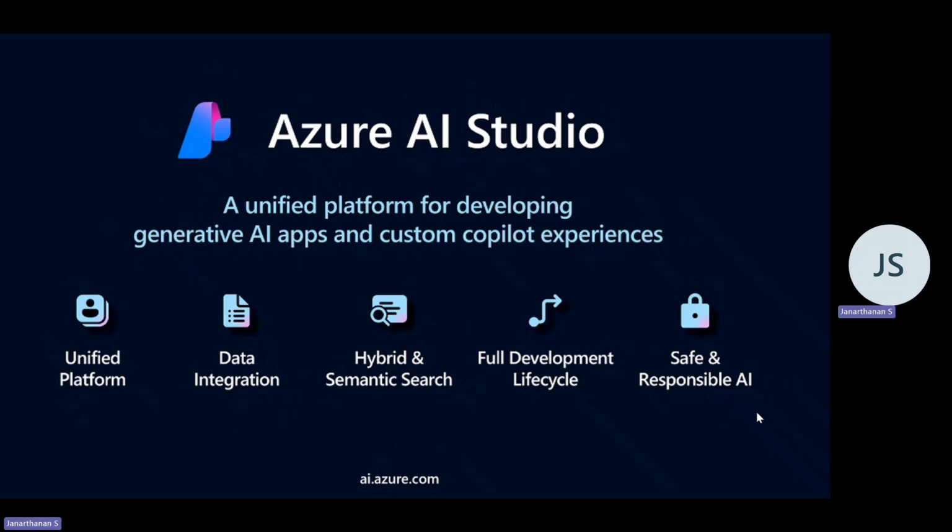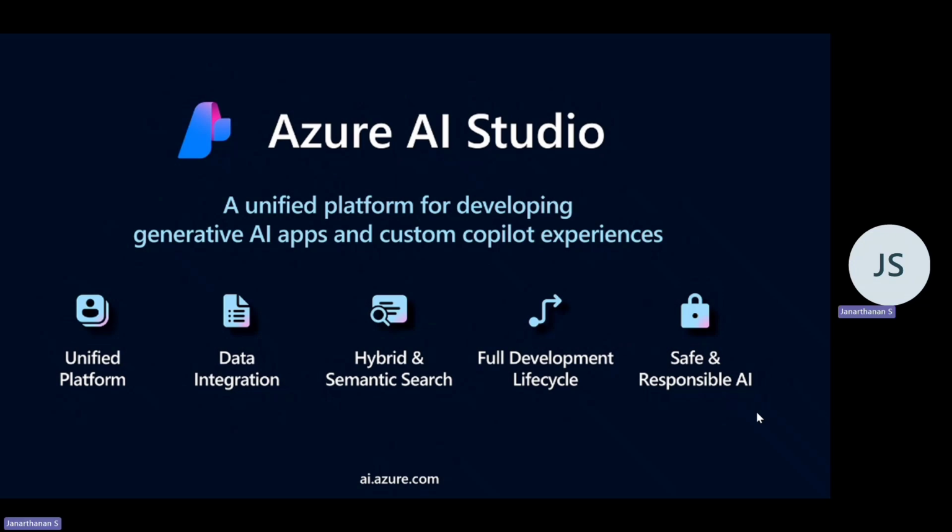It also supports a semantic search approach, and it is possible to integrate data in one particular platform itself. Because of all these features, Azure AI Studio is a unified platform for developing the best GenAI solutions, and you are able to build Copilot experiences under one umbrella.